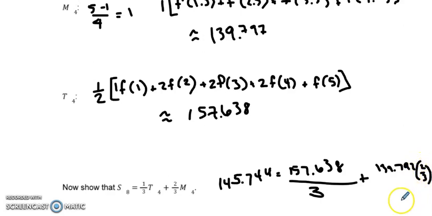And you can put that in your calculator and confirm that in fact that rule does hold.